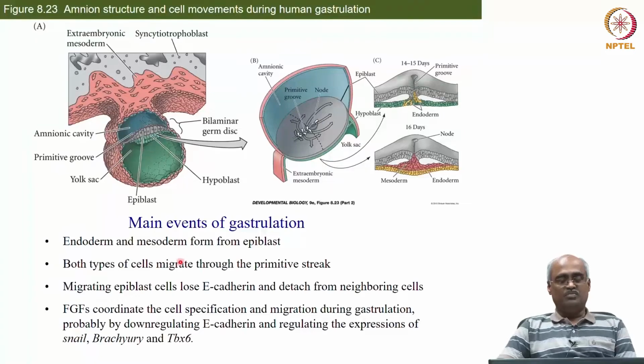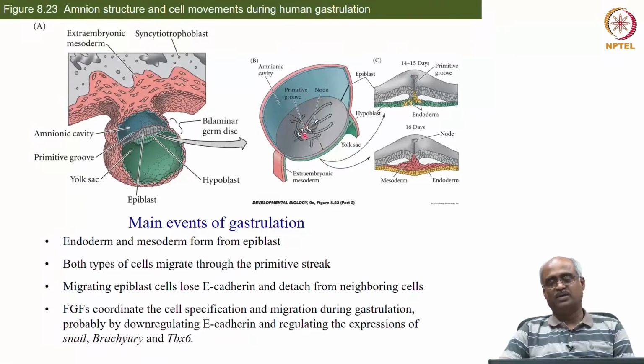The main event of gastrulation is that cells start migrating in between the two layers as shown here. This is the formation of what we call the primitive streak. This is the posterior and this is the anterior, and this is the node.